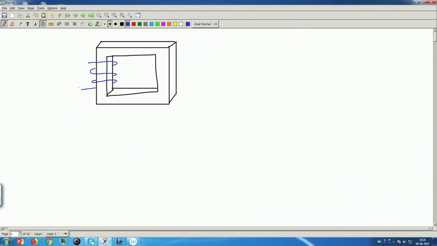When there is a single coil and there is a core like this, then if this coil carries current, it will produce flux inside the core. So, we start with the magnetic circuit.